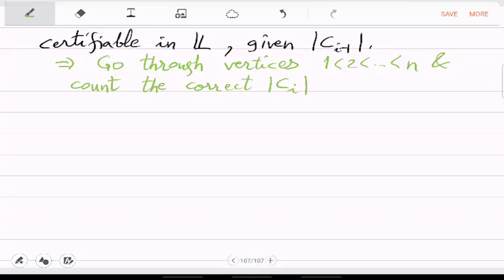That can then be compared with C. Again, it will not store the vertices or the information, it will just store the count, and it will be able to certify whether Ci is indeed C or not. So that finishes both 1 and 2, which finishes our proof.